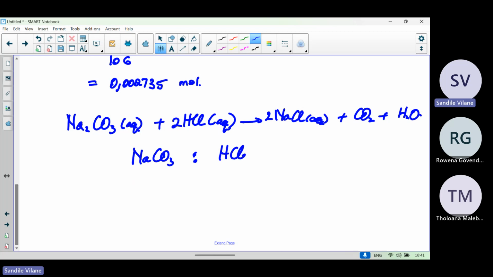This is a required ratio from the balanced equation. Every 1 mole of sodium carbonate is required to react completely with 2 moles of the acid. That is a required ratio, or what we call the stoichiometric ratio.